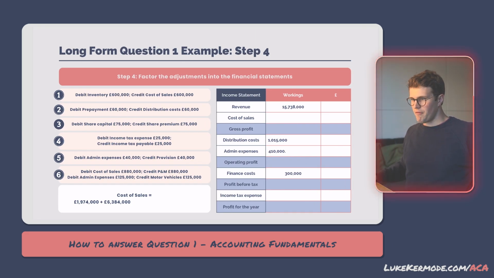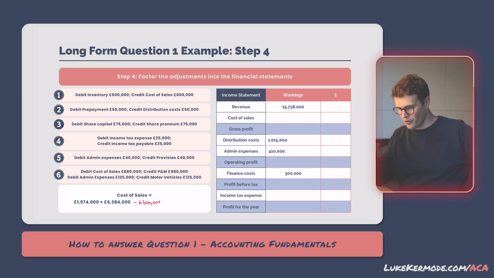Let's begin step 4 by updating the income statement with all of the relevant adjustments we just worked through. First, we need to adjust cost of sales. For closing inventory, we calculated closing inventory as £600,000, and the journal was debit inventory, credit cost of sales. So we need to reduce our cost of sales amount by 600,000.